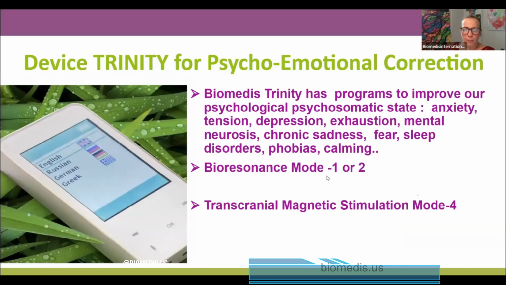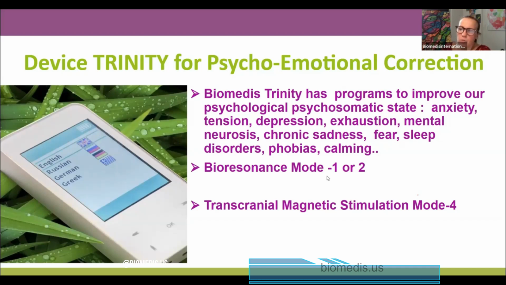Okay, and our popular device Trinity is used widely in psycho-emotional corrections, and it is highly recommended to do emotion corrections when you heal any kind of disease, especially chronic diseases which have emotions behind them.